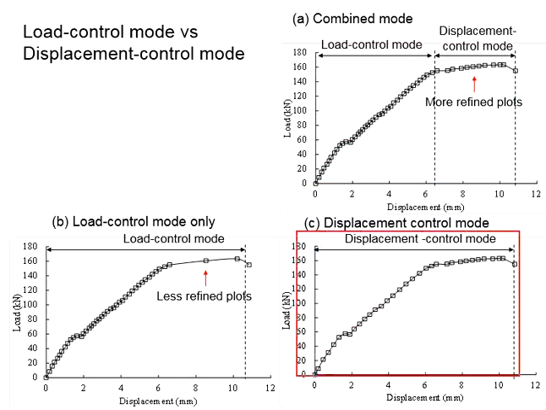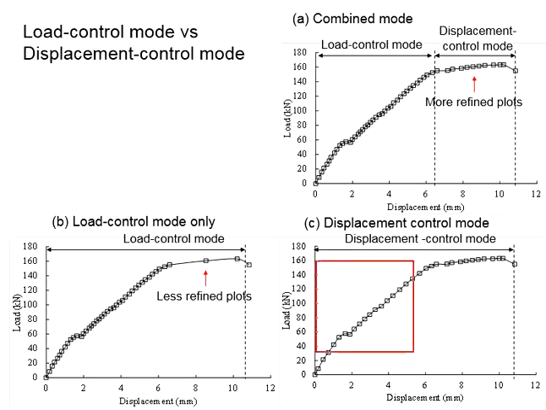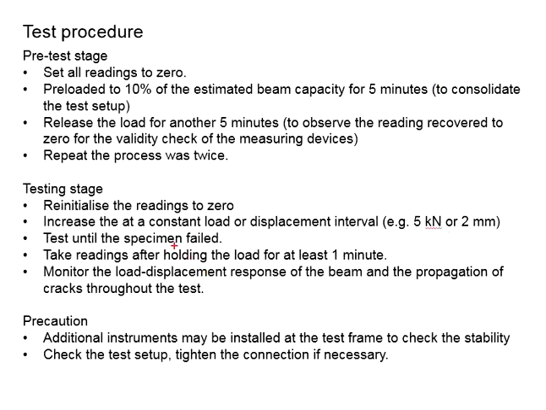This one looks okay to me. However, there are situations that the early stage of the testing may end up with very less refined plots. In this case, when the plots are limited at the early stage, what is happening in between the plots will be imaginary.